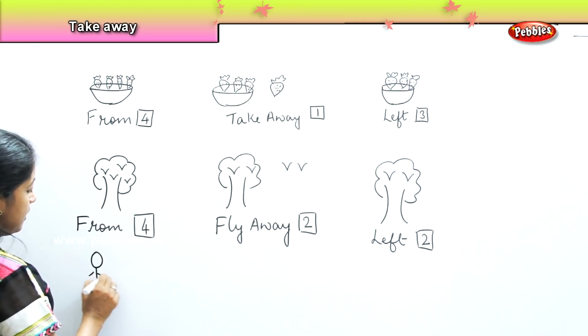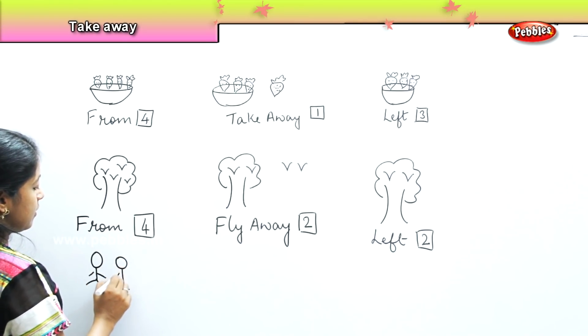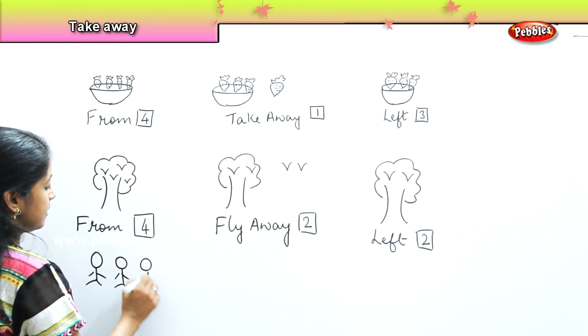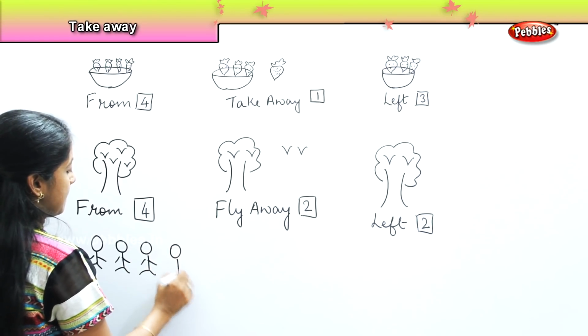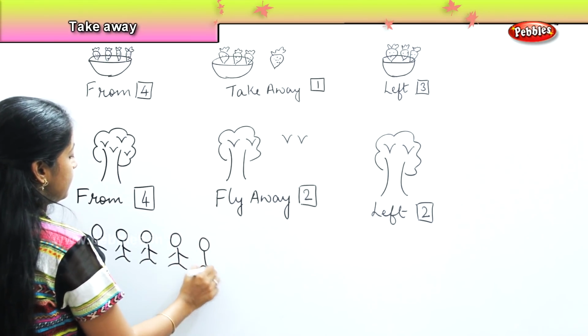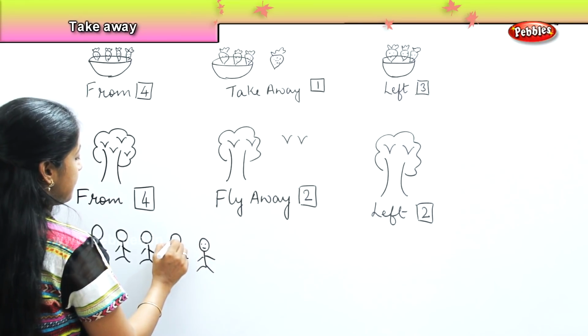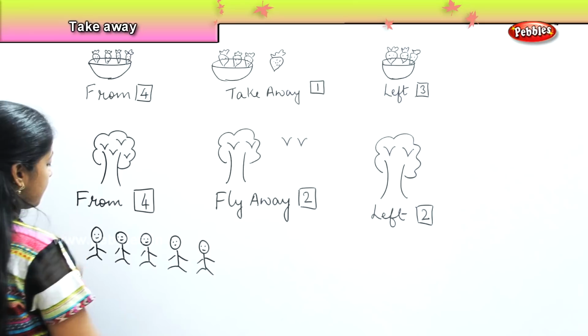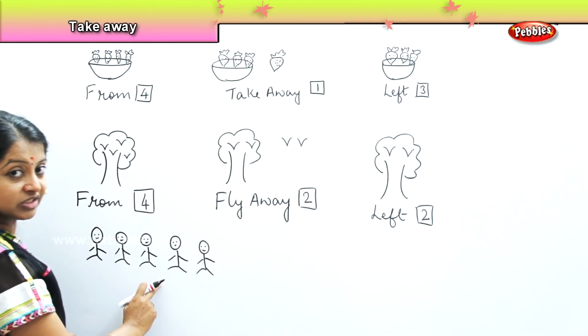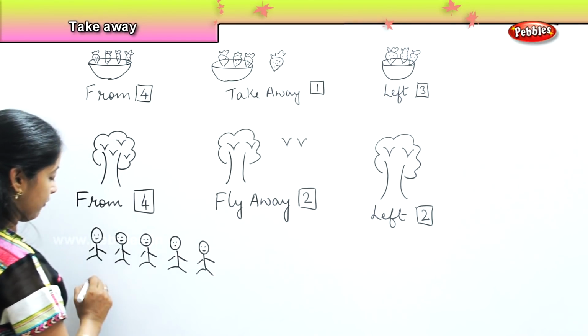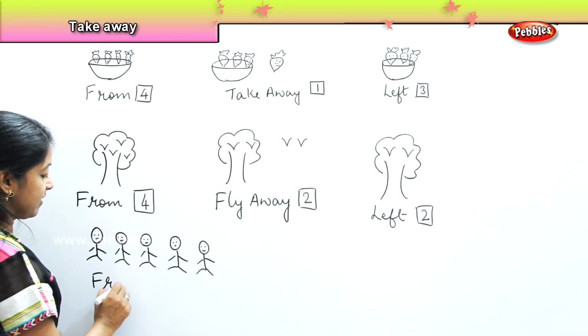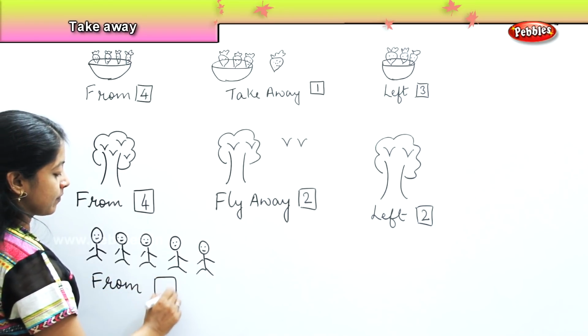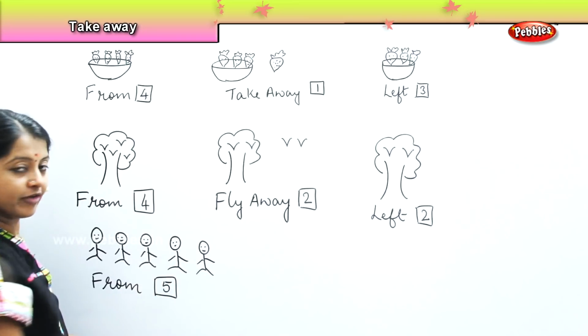Now here there are a few children who are playing in the park. Okay, so how many children are there? One, 2, 3, 4 and 5. So, what number will we write here for from? 5.